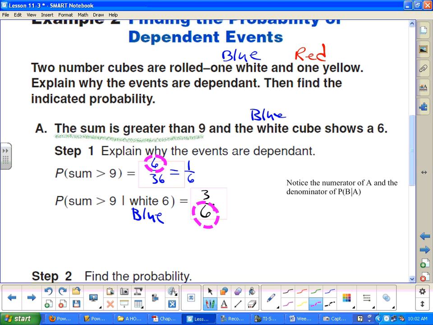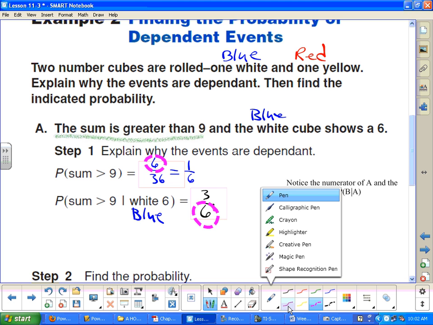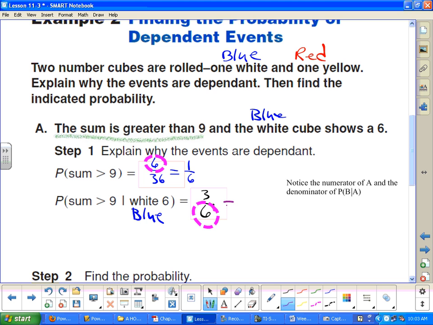The numerator for the first part and the denominator for the second part are always going to be the same. So, is 1/6 equal to 1/2? If these two things are equal, they're independent. If they're not equal, then they're dependent. So we just showed that these are dependent because these two probabilities are not the same.